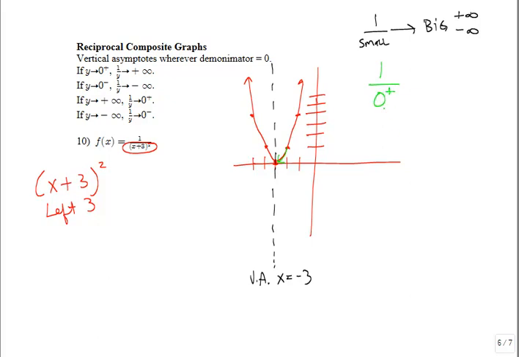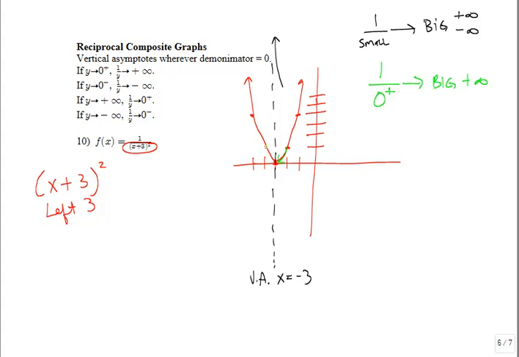I'm getting closer and closer to 0 for these y values, but they're all positives. So what's that going to do? Well, 1 over something really, really small gets big, so this is going to go to infinity, and since all these numbers that I'm getting closer to 0 with are positives, this has to go to positive infinity. It means as my graph approaches 0 from the right-hand side, this has to approach positive infinity in my reciprocal.